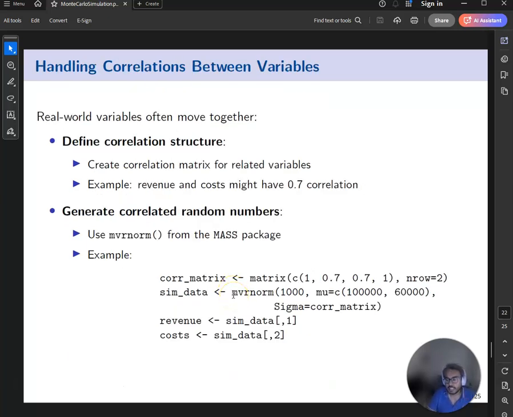In the real world, the variables that we're going to work with are not independent. They are often correlated with each other. So we can also define a correlation structure, and to do that, we use the mvrnorm function from the MASS package. This code creates a correlation matrix.